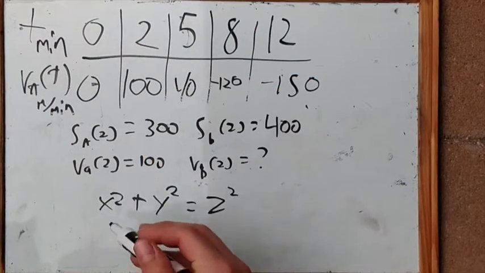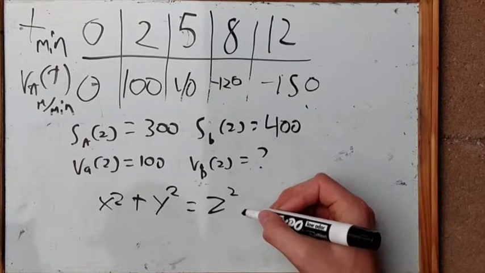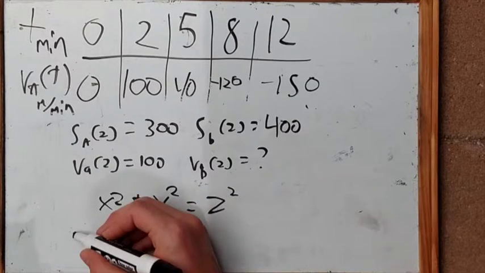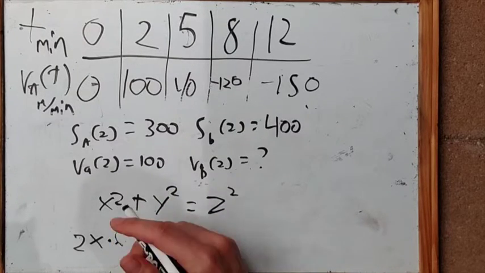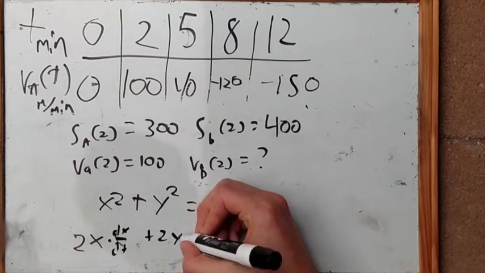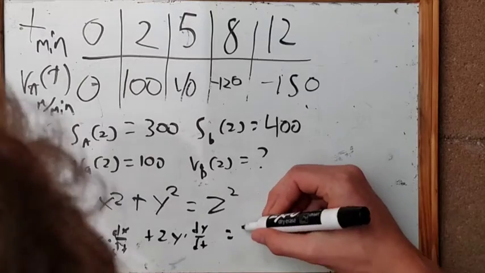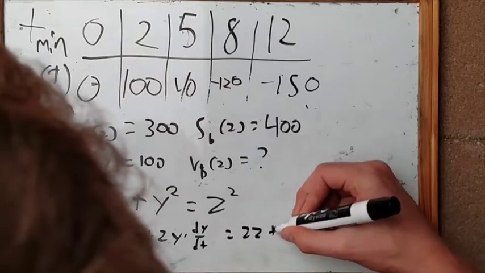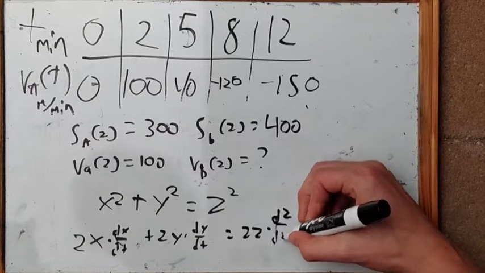So this is train B and this is train A. You want to find the rate at which they're changing, which is dz over dt. So we'll take the derivative of this equation, and you get 2x times dx over dt plus 2y times dy over dt equal to 2z times dz over dt.